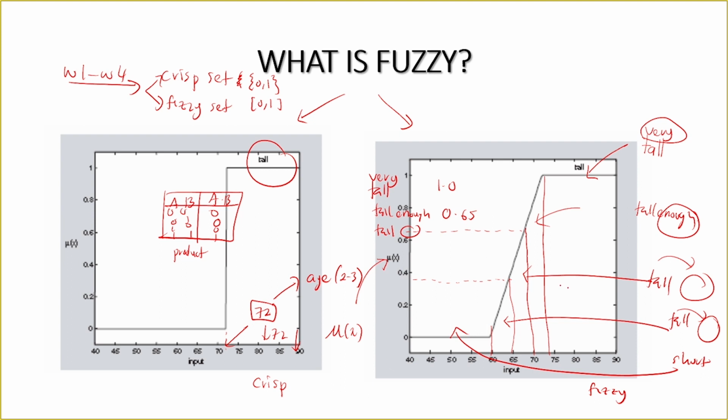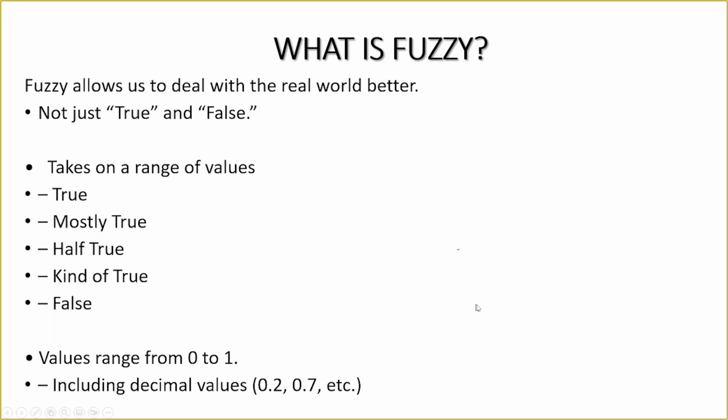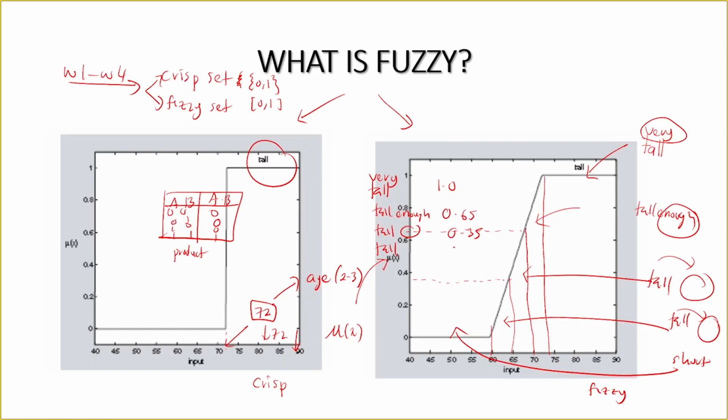Quite tall is 0.35, and this one, tall, let's say, is 0.2, and short is 0, right? So these would be the elements.